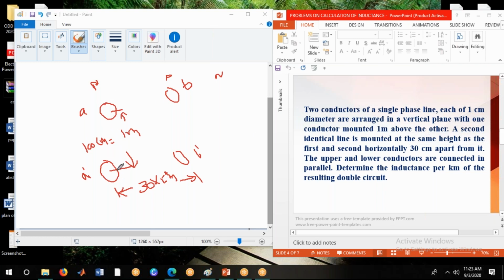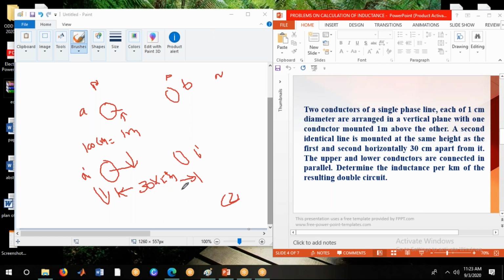It has two conductors arranged one above another, each conductor having a diameter of 1 centimeter, and these two vertical conductors are displaced by 1 meter or 100 centimeter. After that, we have to consider the same identical line at the same height, and these two conductors, conductor 1 and conductor 2, are displaced by 30 centimeter. So 30 into 10 power minus 2 meter.